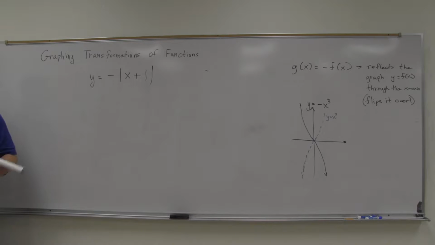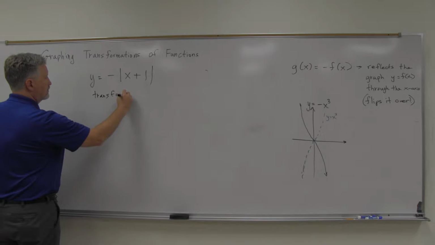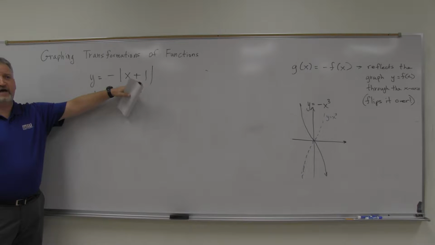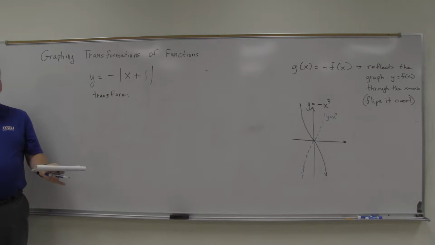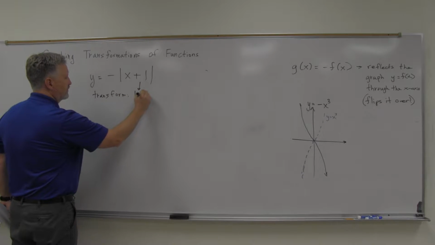Well, again, we've got a combination transformation here, right? What is the transformation? Is that going to make it go up one? Where is it at? It's on the inside, right? And an inside makes it go right or left. Left. And +1 makes it go left, yes. So the +1 here makes it go one left.